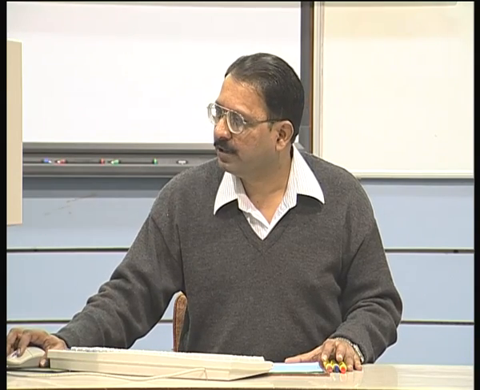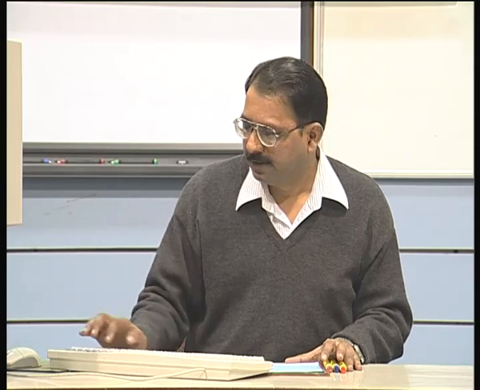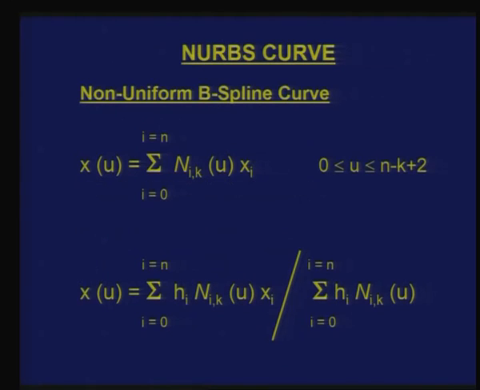Now, let us come back to this. If I have understood B-spline curves, then I have understood NURBS too. What is put here is basically the definition of a B-spline curve, which we have been discussing all the time. I have 0 to n, I know how to evaluate the N_i,k values using a recursive function, and I have the points x_i, and I also know the range.